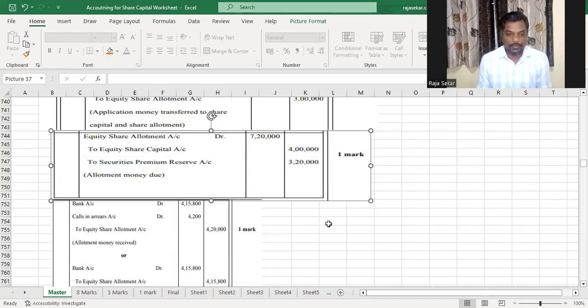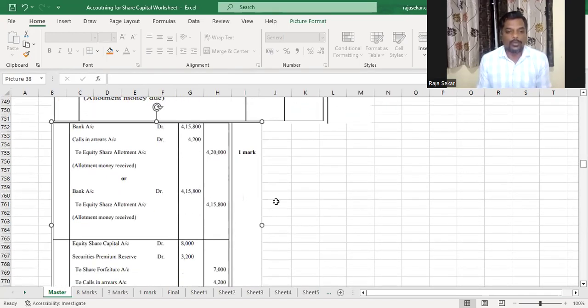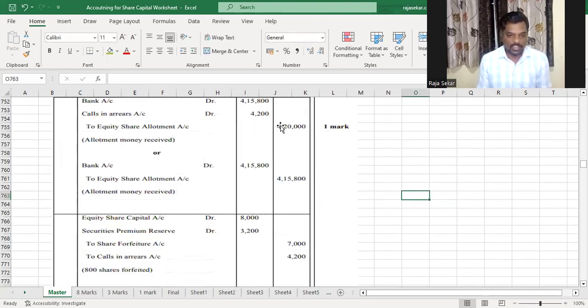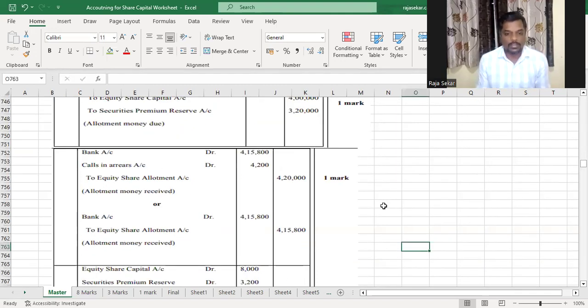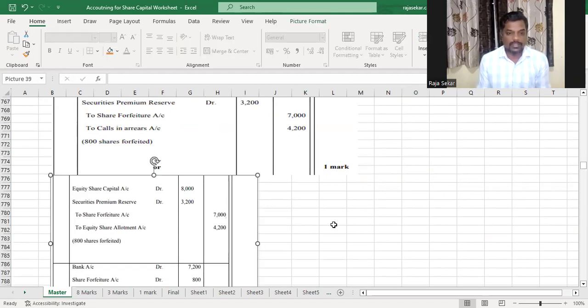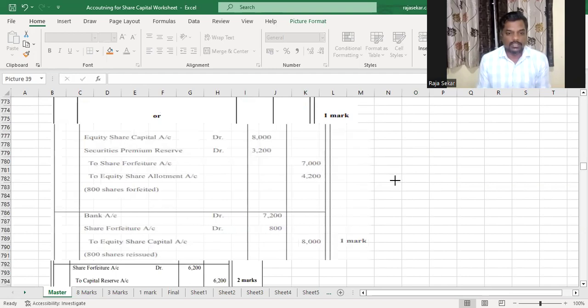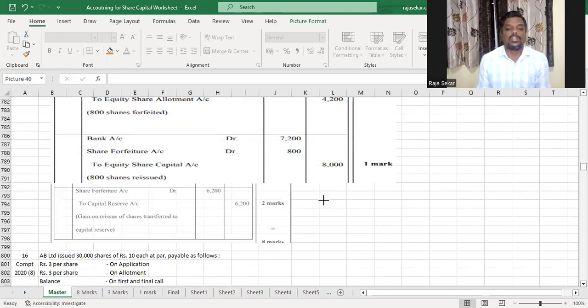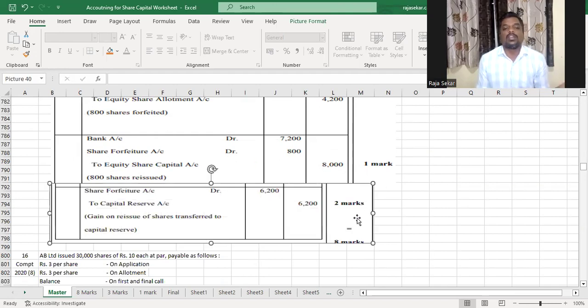And this is the entry for making allotment due. This is the entry for the call arrears. We computed it as 4,200 correctly. And this is the entry for forfeiting the shares. Again, we did that correctly. And this is the entry for reissue of the shares, which we did correctly. And this is the entry for transfer to capital reserve, which also was done correctly by us.